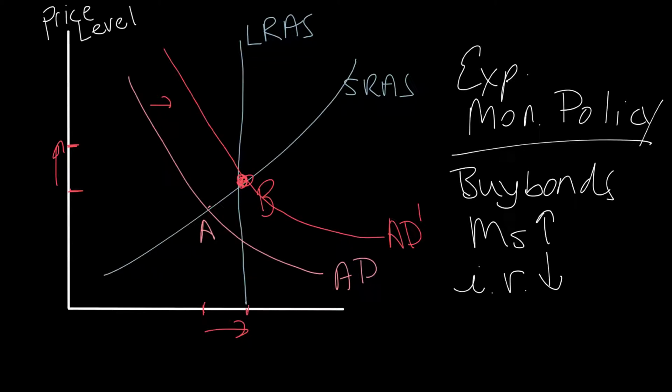And that's the magic of the Keynesian model here, is that once interest rates decrease, we would expect to see consumption go up because savings will go down, and we'll expect to see investment go up because the cost of borrowing has gone down. And that's what causes the shift of aggregate demand to aggregate demand prime.